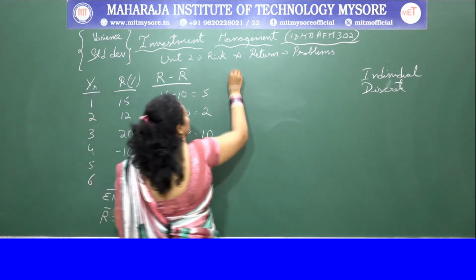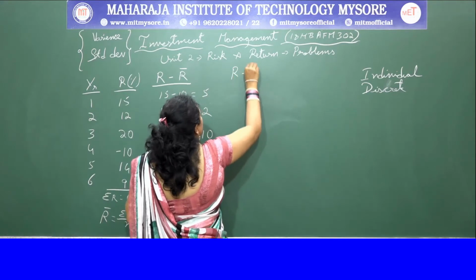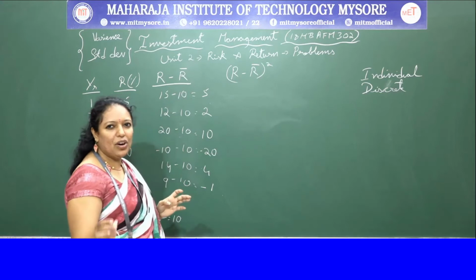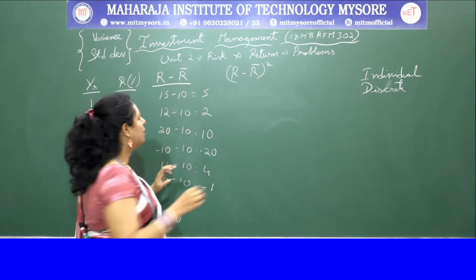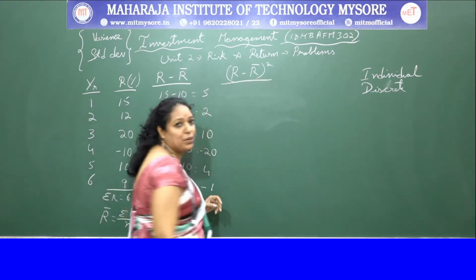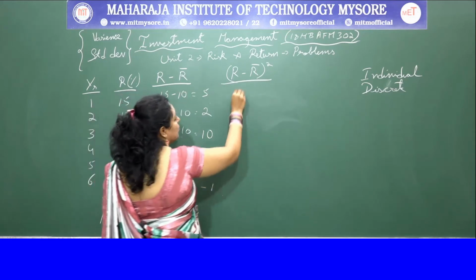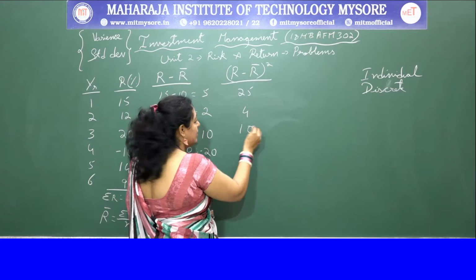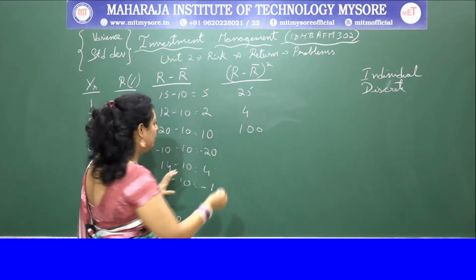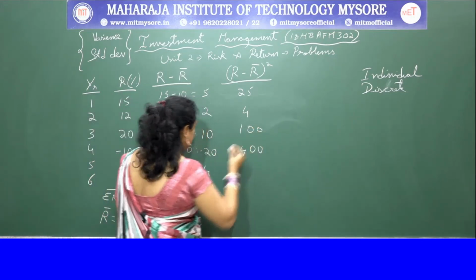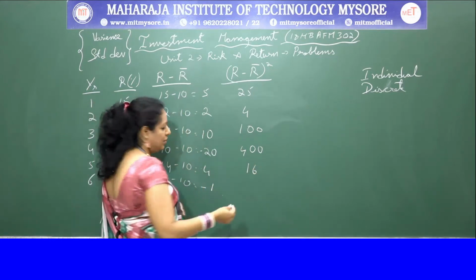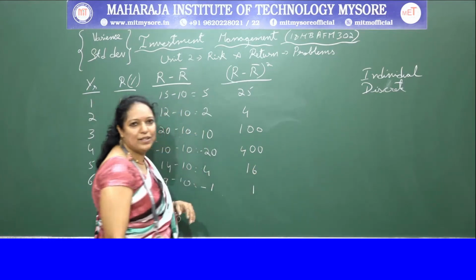Then we have to do R minus R bar square. Either you can call it D square or R minus R bar square. You have to square it. So 5 into 5 is 25. This is 4 and this is 100. In the same way, 400, and 4 into 4 is 16, and minus 1 into minus 1 is plus 1.